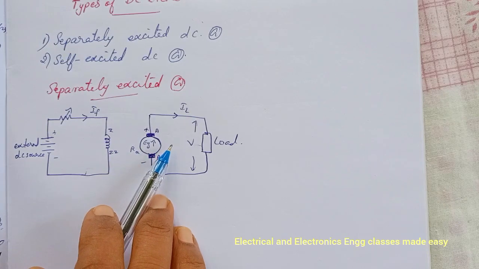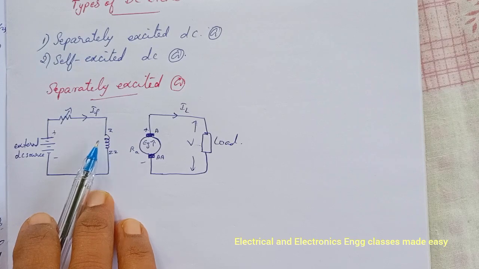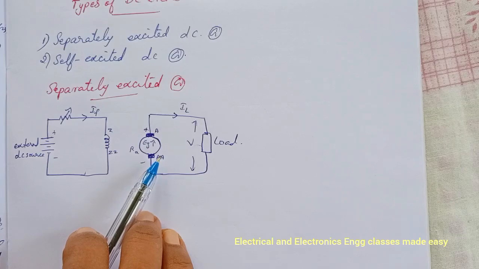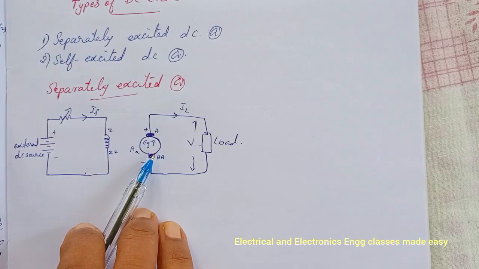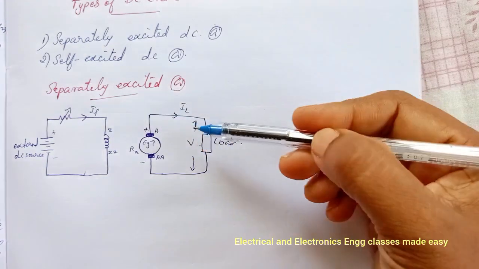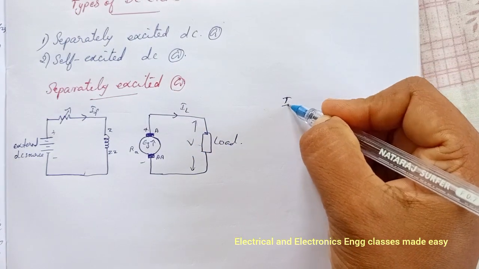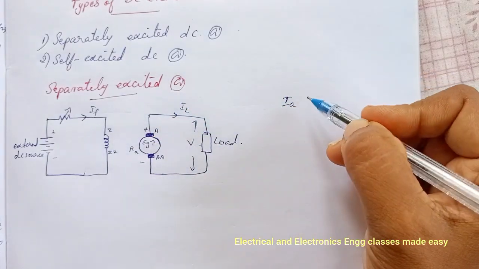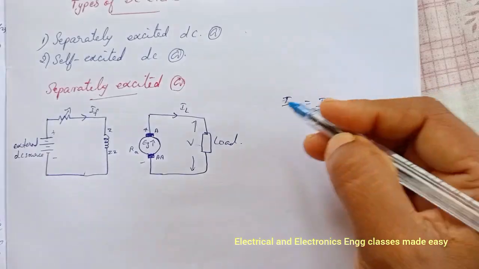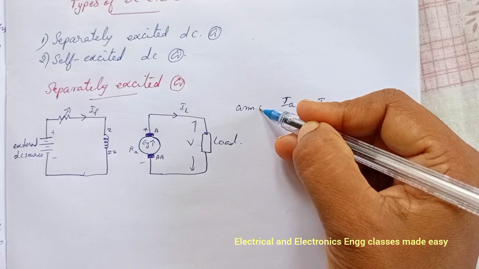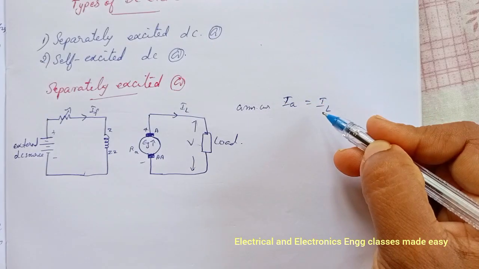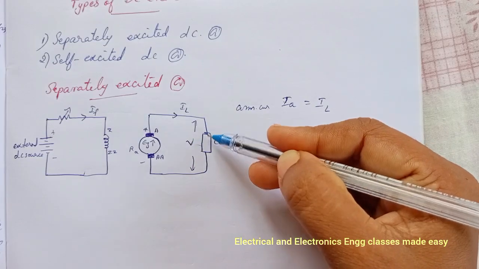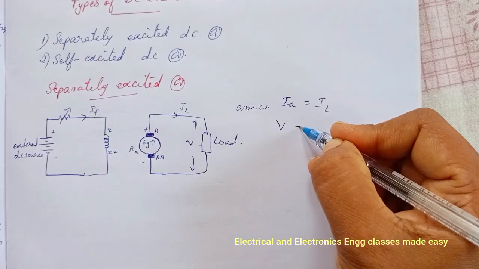So this is the connection of a separately excited DC generator. The greater the speed and the field current, the greater is the generated EMF. Here IA is the armature current and that is equal to load current IL. So armature current IA is equal to IL. And terminal voltage V is the voltage across the load.